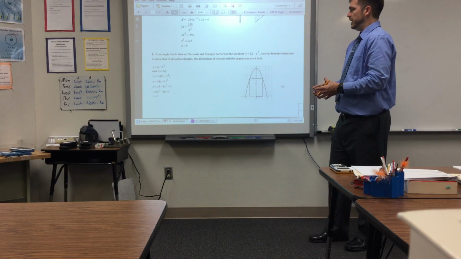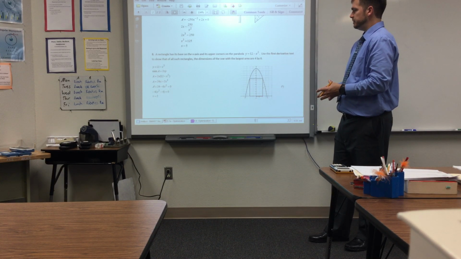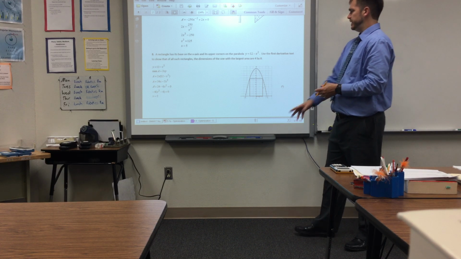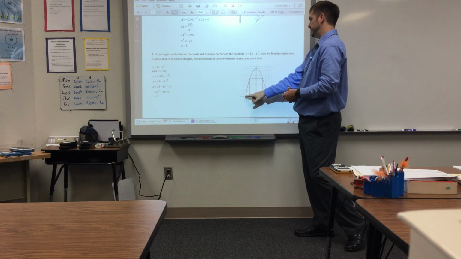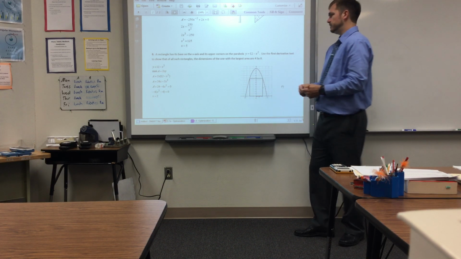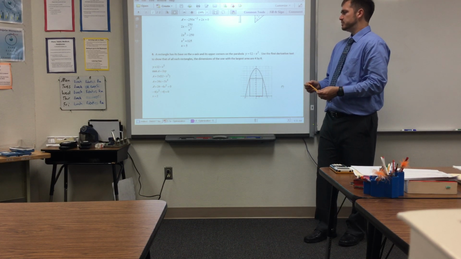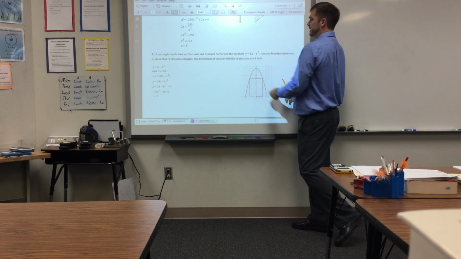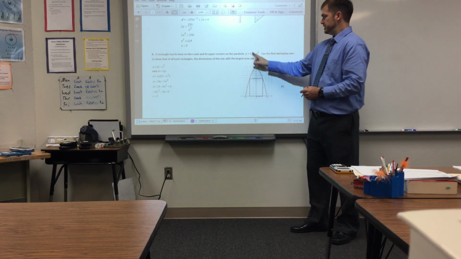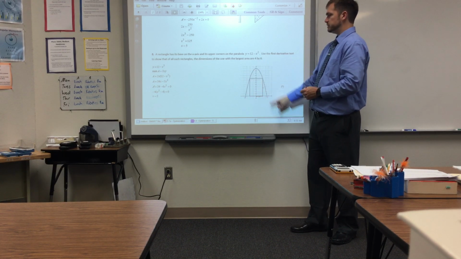Number 8 is more mathematical, geometrical actually. It says a rectangle has its base on the x-axis and its upper corners on the parabola, 12 minus x squared. Use the first test to show that of all such rectangles, the dimensions of the one with the largest area is 4 by 8. So this right here is our constraining equation, y equals 12 minus x squared.